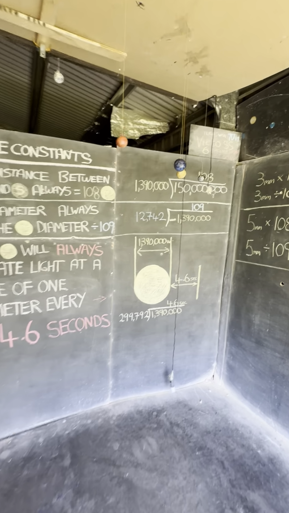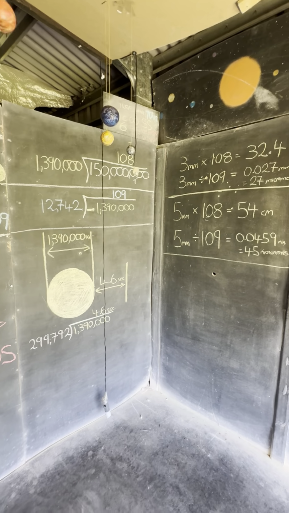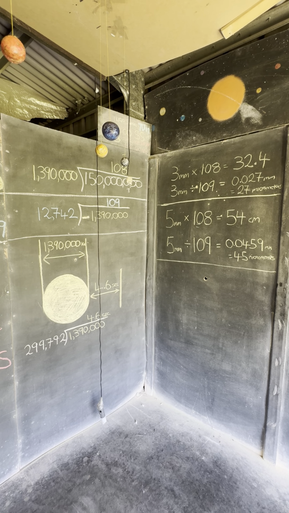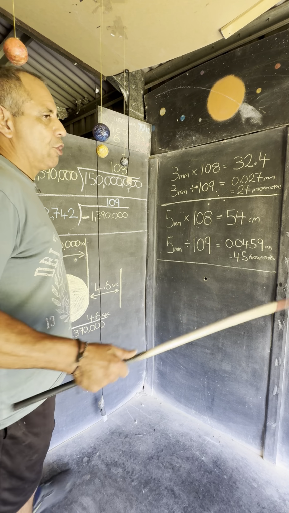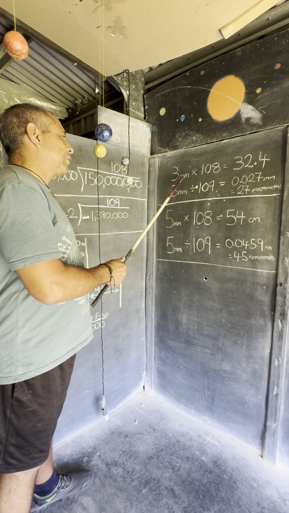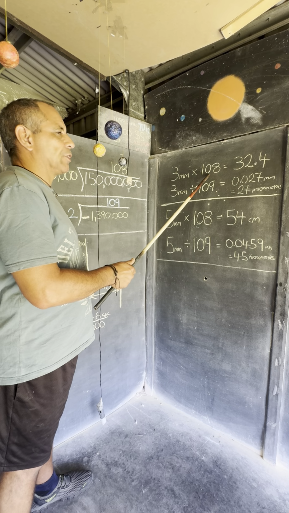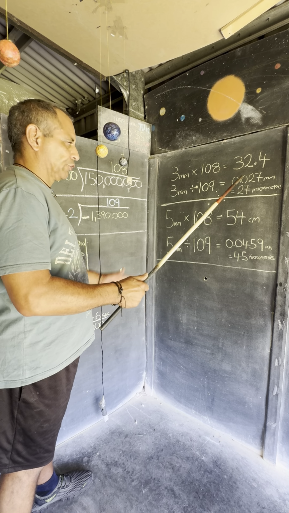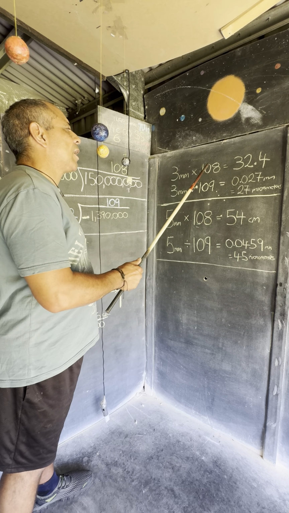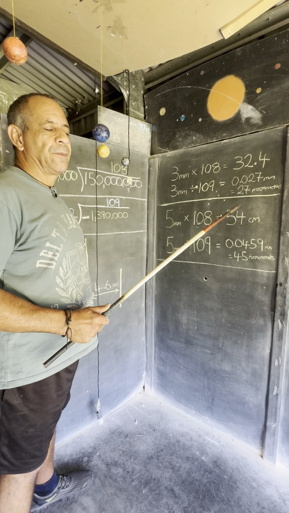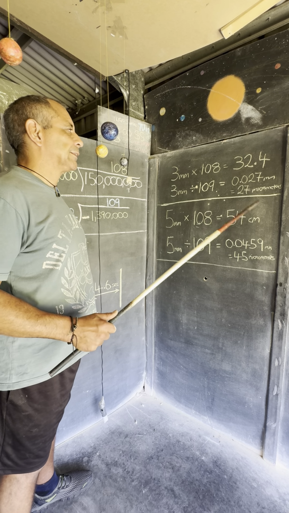Now, if you've got a 3mm bulb and you're using it in a to-scale diagram of Earth, Sun, and the distance in between, to find the distance between that bulb and Earth, you've got to multiply it by 108, because there are 108 suns in between Earth and the Sun.